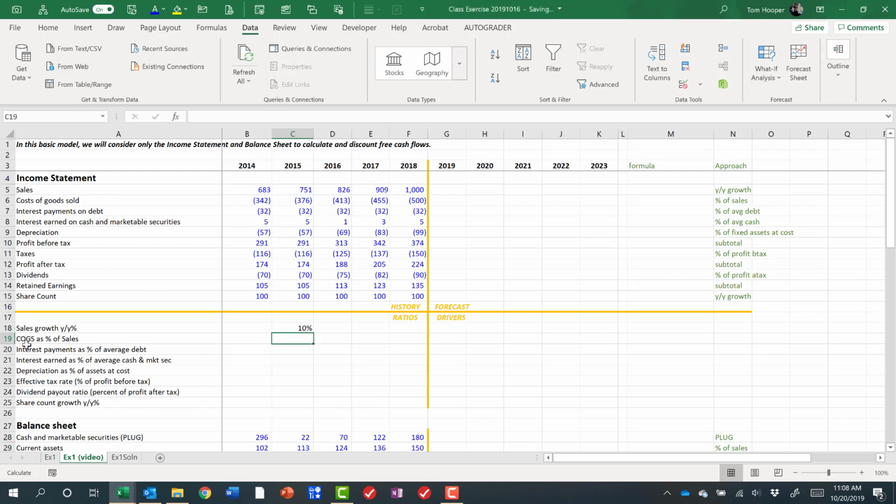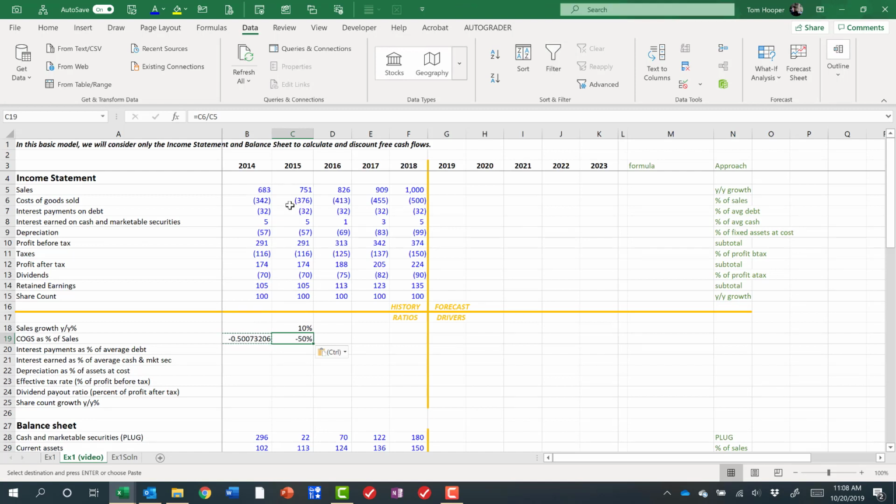And then our cost of goods sold as a percentage of sales, we could go up and take that extra data point. So happens that in this problem everything is constant through all of these years. So as I paste that formula here, then we see that cost of goods sold is about 50% of sales.